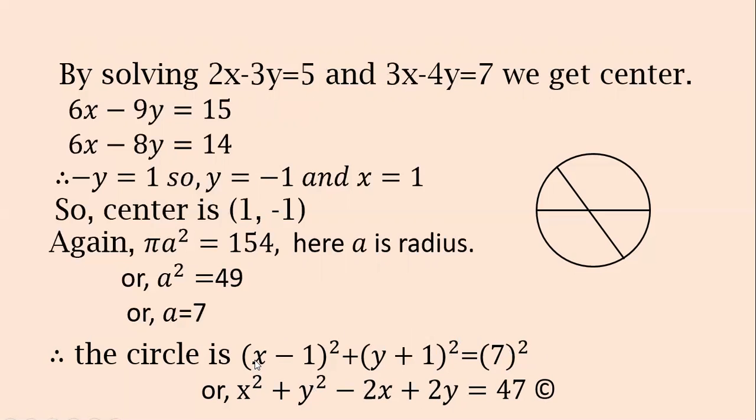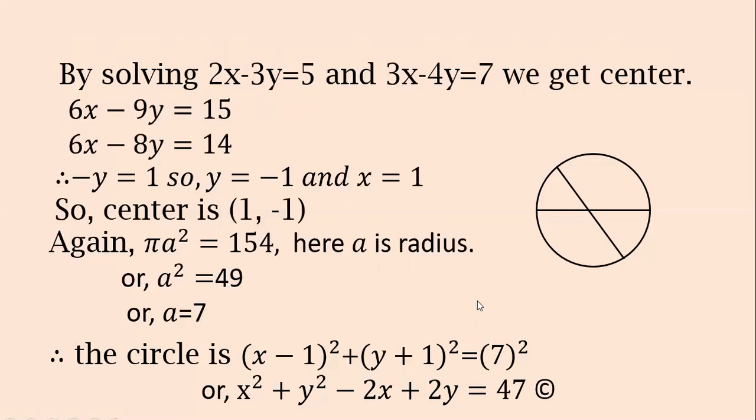So after calculation we get x square minus 2x, y square plus 2y, and here it is 49, and subtracting from 49 we get 47. So the answer is C. The correct option is C.